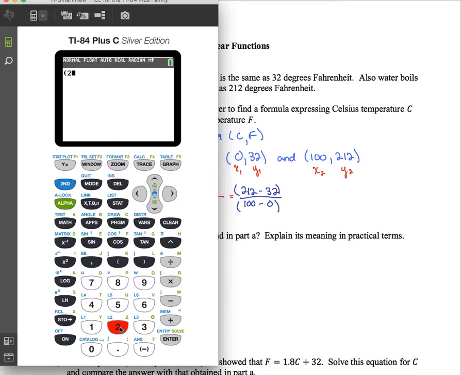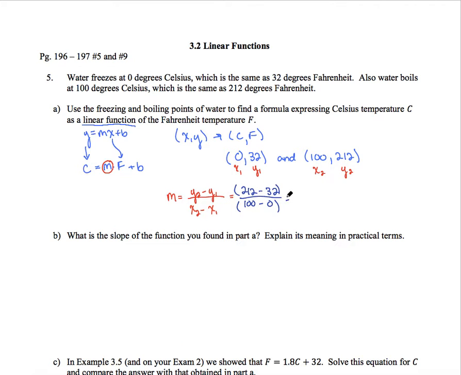So I'm going to type in 212 minus 32, divide that quantity by 100 minus 0. Okay, so this tells us that we have a slope of 1.8.